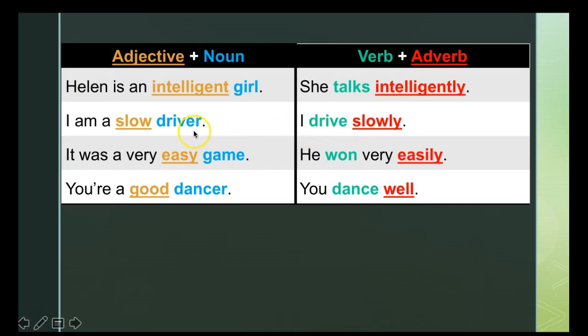These two sentences are the same. We just are using different ways to say them. It was a very easy game, or he won very easily. You're a good dancer, or the same meaning but a different sentence would be, you dance well.